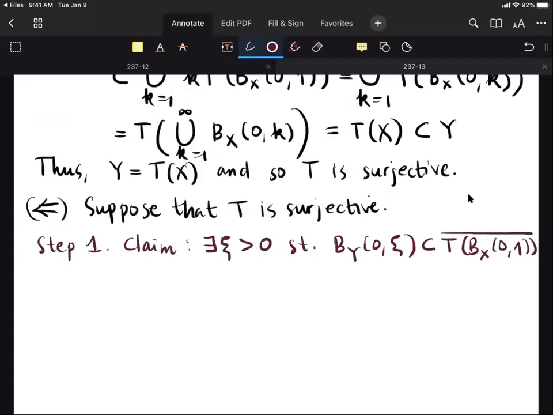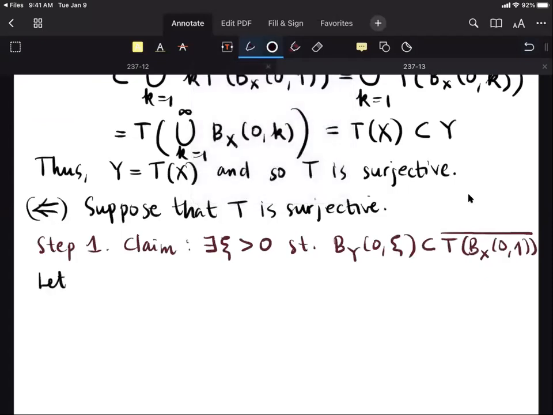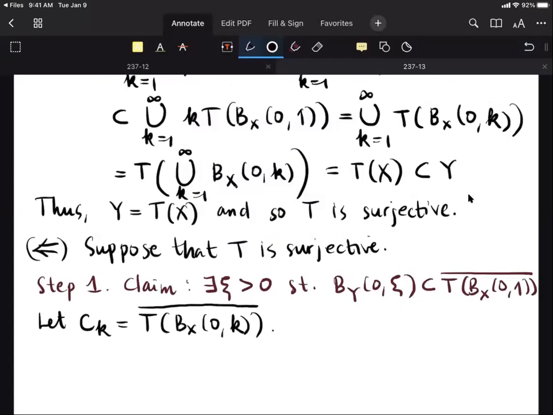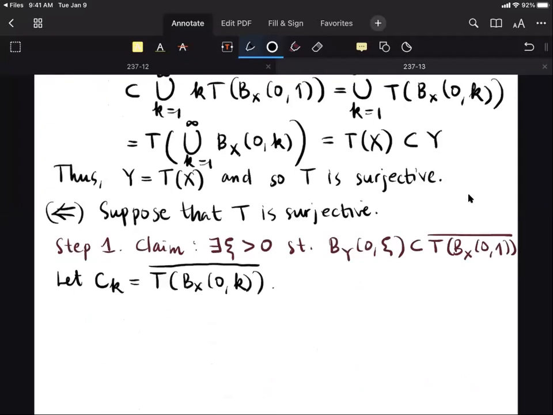Okay, and let us define C sub k to be equal to the closure of the same ball, but now with a larger radius k. So here we are aiming to apply the previous lemma as well.